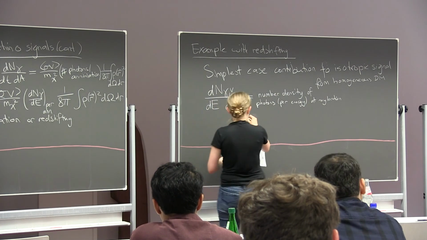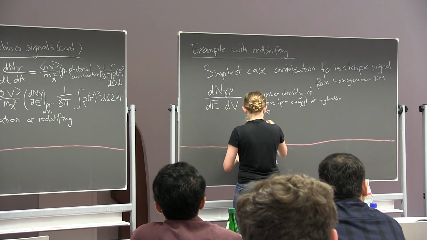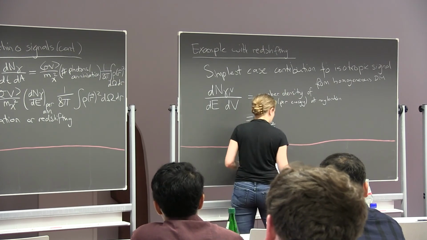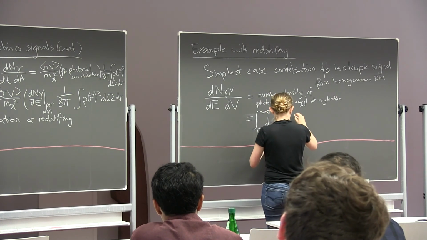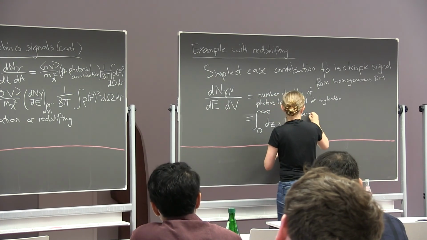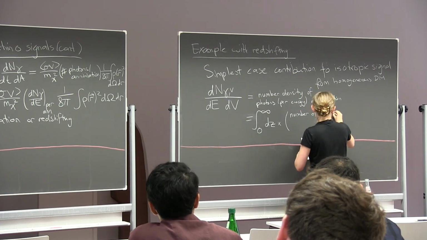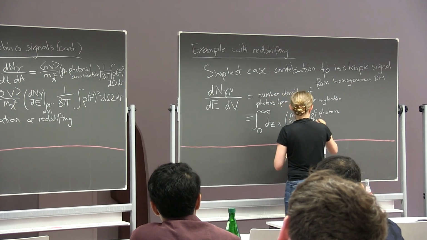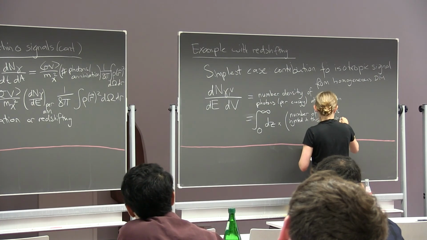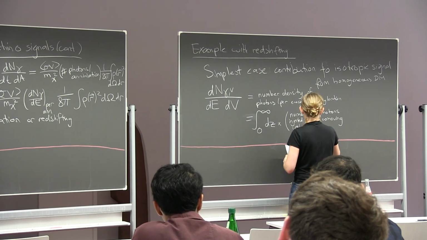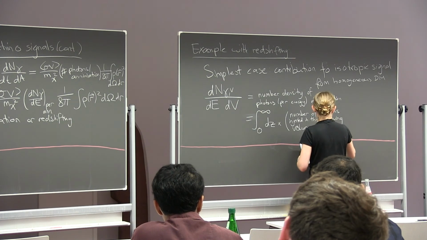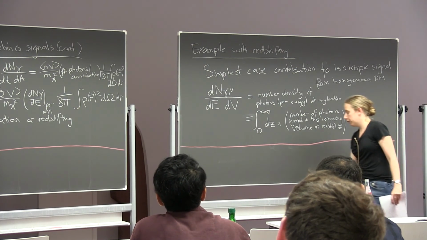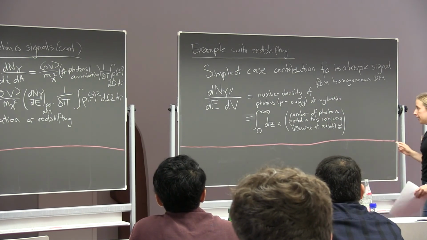So I can just say that this is the integral over all previous times of the number of photons injected, because we know the overall number density of photons per co-moving volume doesn't change.